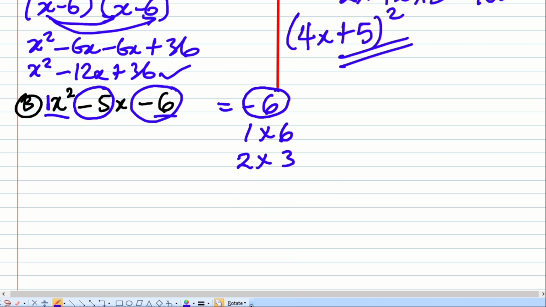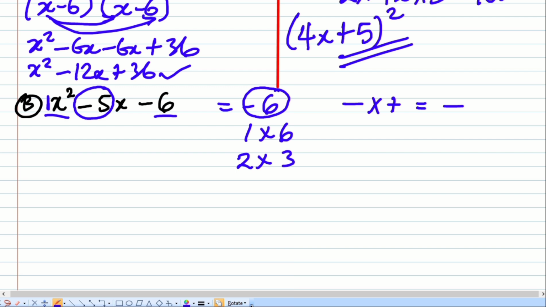The two factors I'm going to consider must multiply to give me negative 6. For me to have a negative, it's only when minus multiplies with plus that you get negative. So that's one thing to check. I know that of my two factors, one must be negative and one must be positive.